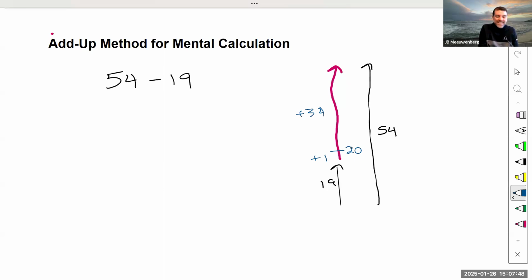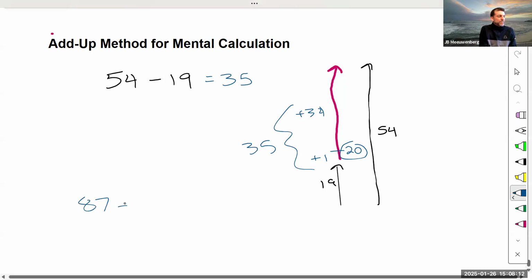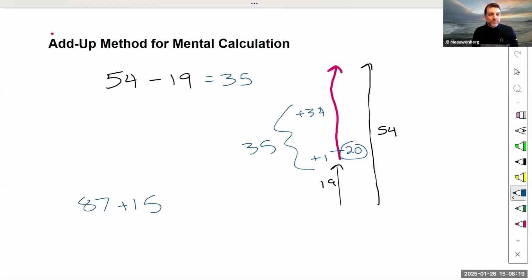So I go to the first nice, neat number possible that I can find, and I know that's 1, and then I add another 34, and so I know that that adds up to 35. So that has to be the difference between the two numbers. There are, again, different ways you can do this. I think in a previous video, I gave you the problem 87 plus 15. 87 plus 15.